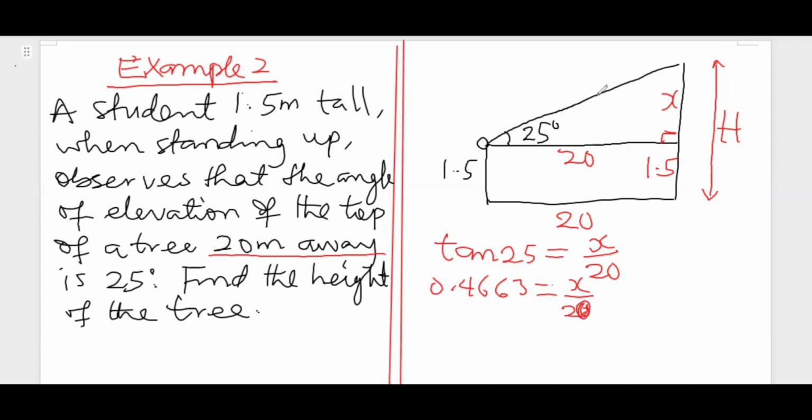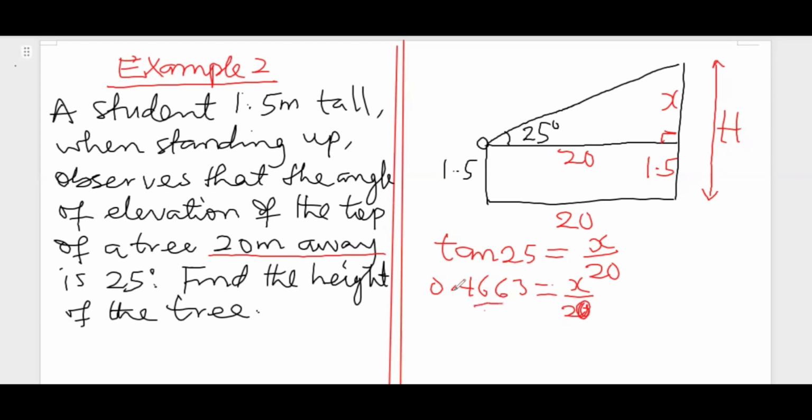Here we are not asked to use the tables, and of course 25 is not a special angle. Special angles are multiples of 30. We have numbers such as 30, 45, 60, 90, all those ones that you can express as multiples of 30, then they are special angles. So for this one, we cross multiply.